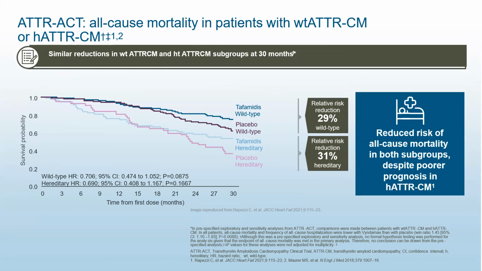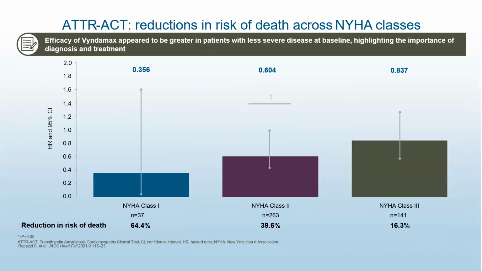Whether the patient was wild type or hereditary type, the relative risk reduction was 29 and 31%, nearly 30%. But if you look at the patients who presented with NYHA class 1 versus NYHA class 3, for example, you will find that the reduction in the risk of death is nearly 64.4% in NYHA class 1 versus 16.3% in NYHA class 3.